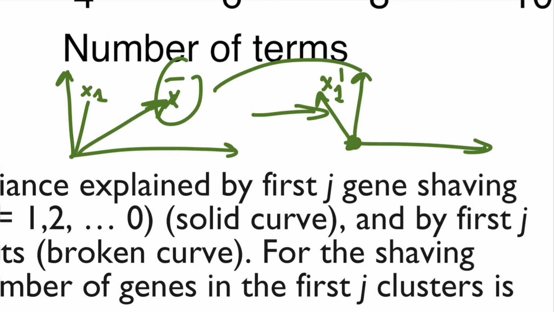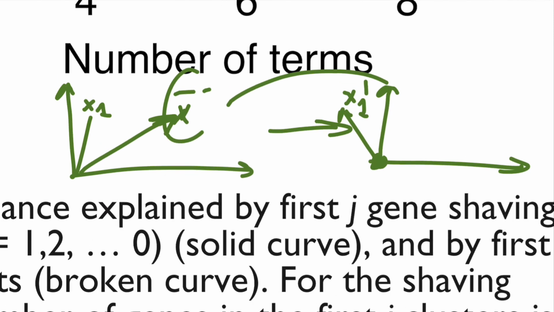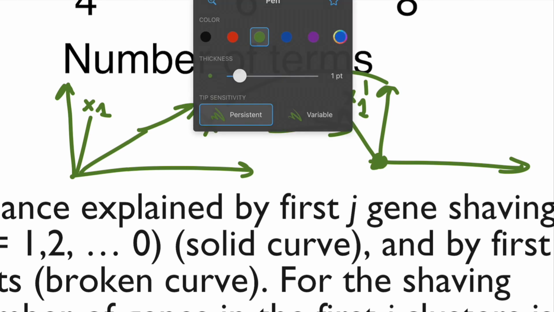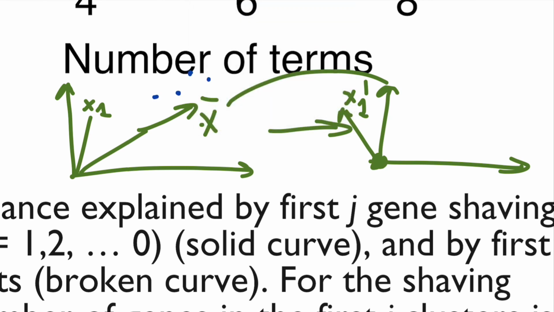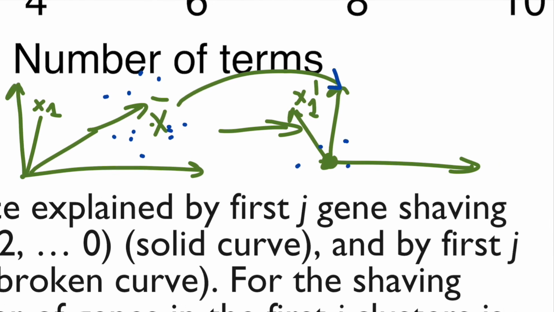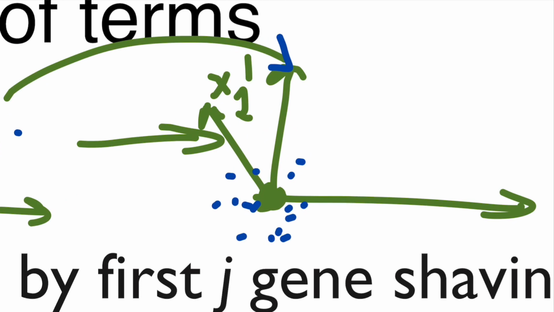An interesting thing of this method is that it allows for a gene to appear in multiple clusters, because you orthogonalize with respect to the cluster mean. This means that, for example, if this is the mean, the cluster points could be around here. So when you orthogonalize, the cluster of points is going to move around 0.